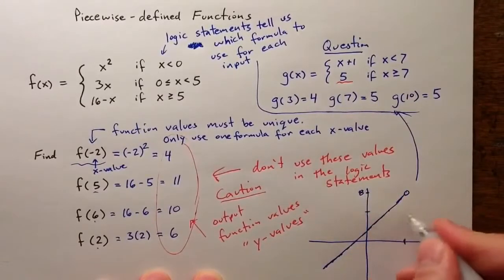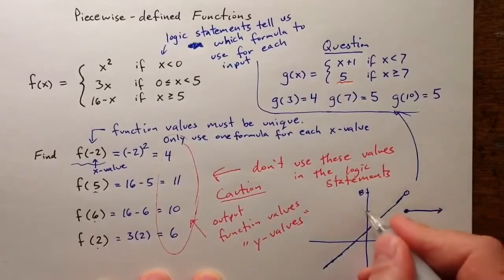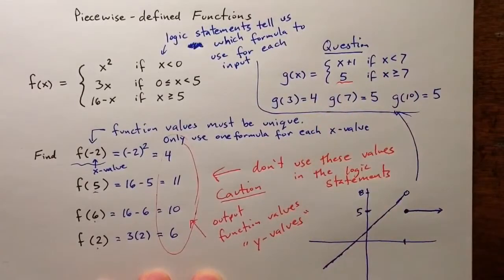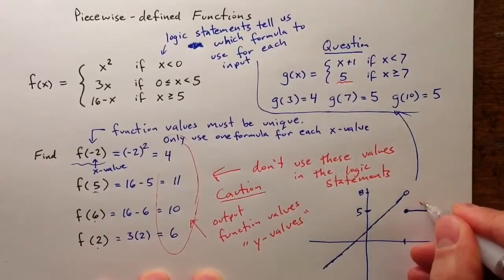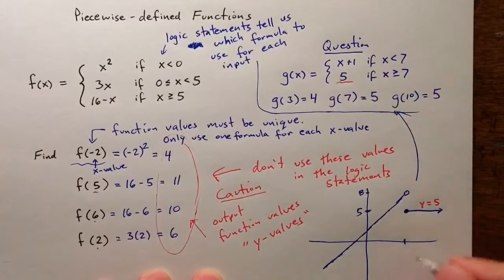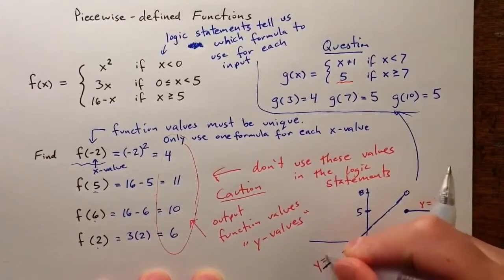We put an open dot there because the value after 7 and including 7 is just constantly equal to 5. So that 5 basically represents the horizontal line y equals 5, whereas before 7, the graph is defined as y equals x plus 1.